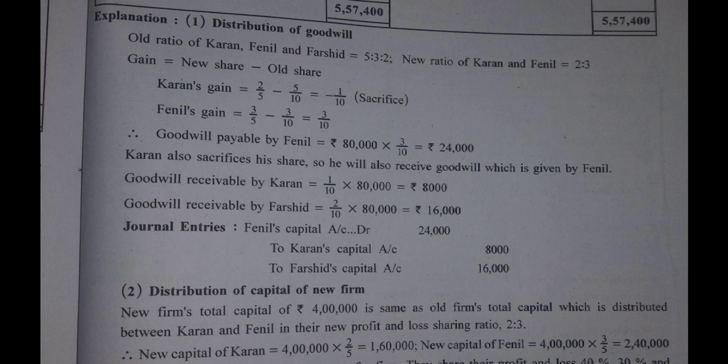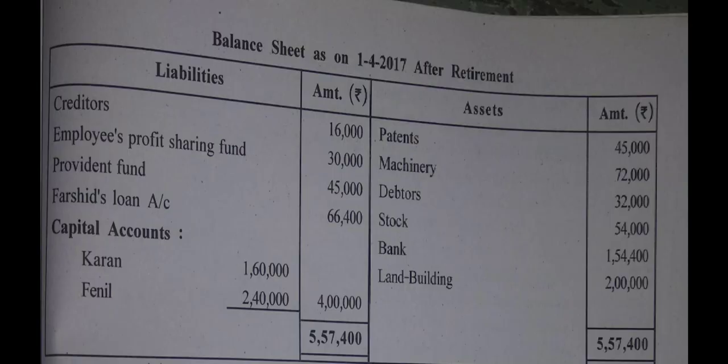So you will solve this on your own. You will post this journal entry in the partners' capital accounts that we have prepared. You are supposed to do this on your own, as I said that it will not be repeated in each and every sum. In case you have any difficulties, you can write it in the comment section, or else we can also solve it in the doubt session which is conducted at regular intervals. Alright? Fine, let us see the next adjustment.